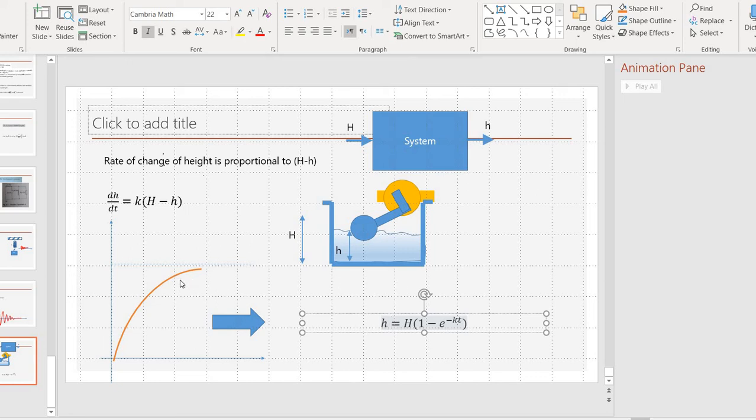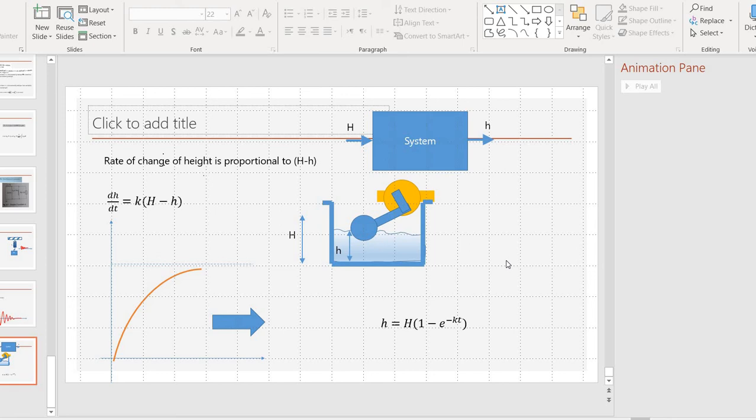So we know that we will have a negative in the power of that exponential. Another way of getting that is from that equation. But for now, we are just looking at a typical exponential plot. And I have small h on one side and capital H on the other side. And then I have this multiplication by 1 minus exponential of power minus kt. And this is how we understand this system works.